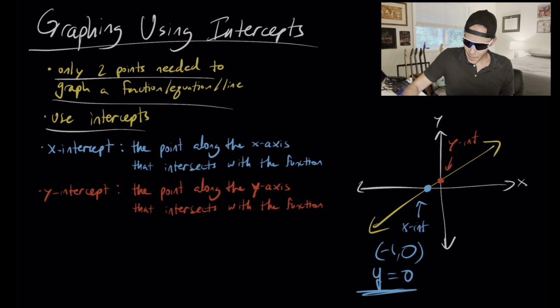And opposite to that, this y-intercept, maybe its y value is like +1 here, but the x value, since it's along the y-axis, is 0. So x is going to equal 0 always for your y-intercepts. So we're going to use that to our advantage.